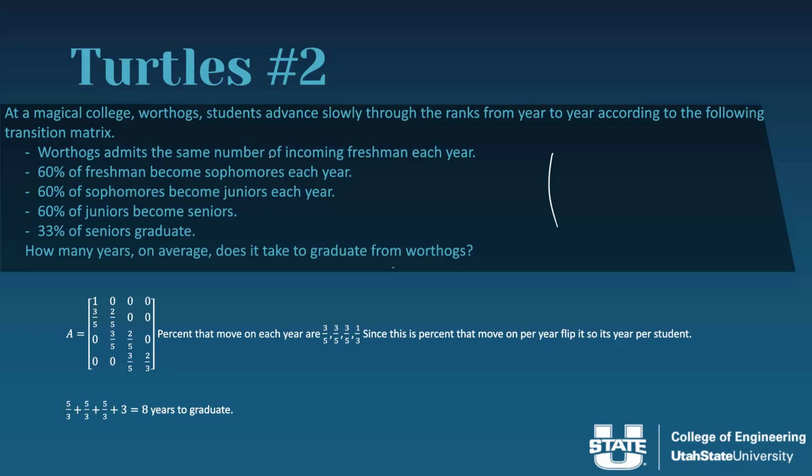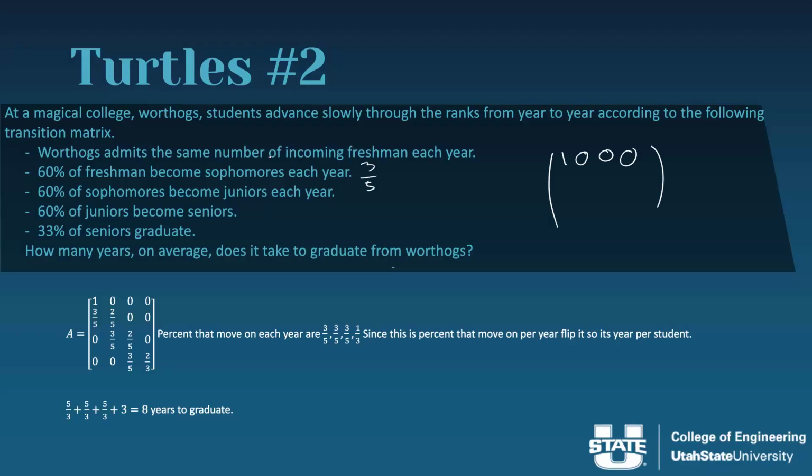If warthogs admits the same number of incoming freshmen each year, then this 1 has to stay constant, right? That means we're going to have the same number of freshmen every single year as we already started with. And then if 60% of freshmen become sophomores each year, 60% is equal to 3/5.